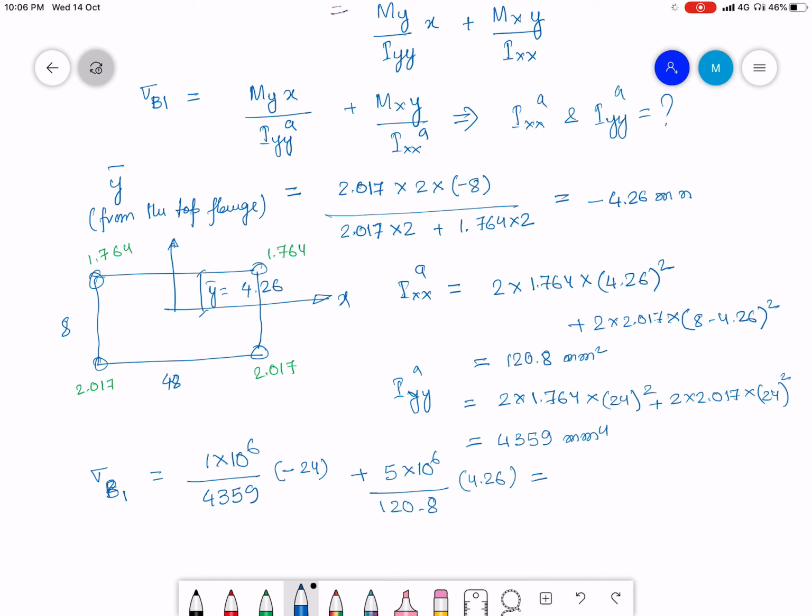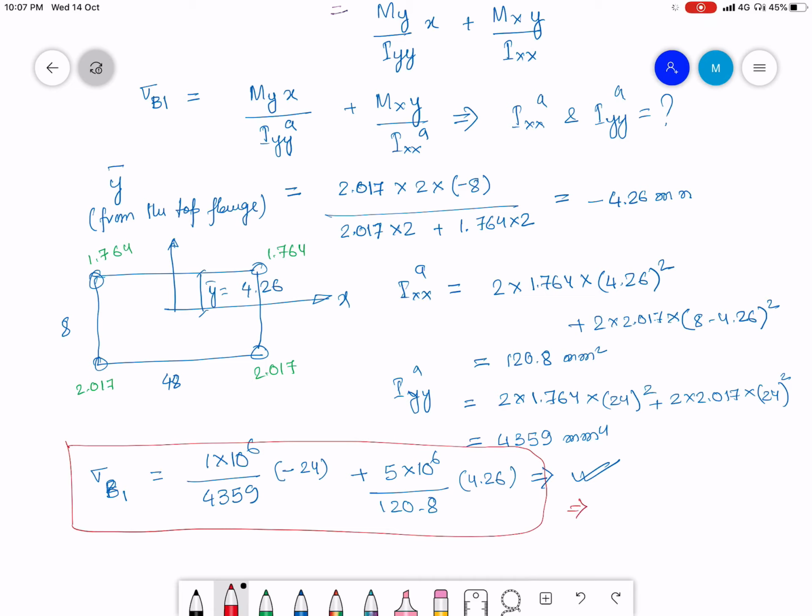That is going to give us the answer. I actually forgot to calculate this, which you can do.